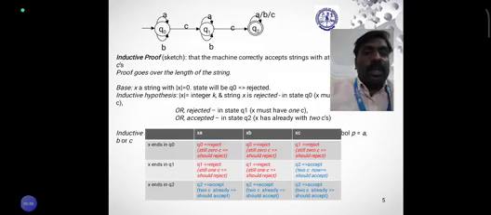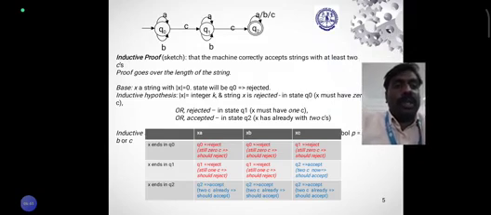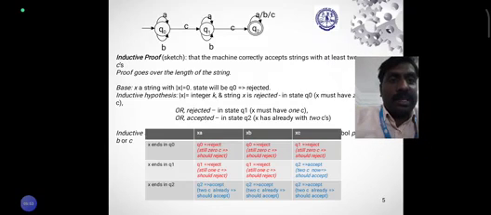So for deterministic finite automata and non-deterministic finite automata, we prove with the help of an inductive proof that a machine correctly accepts a string with at least 2 C's. The transition diagram shown here has Q0, Q1 and Q2. From Q0 to Q1 the transition is labeled C, and from Q1 to Q2 it is also labeled C. So 2 C's are moved from the starting state to the final state.